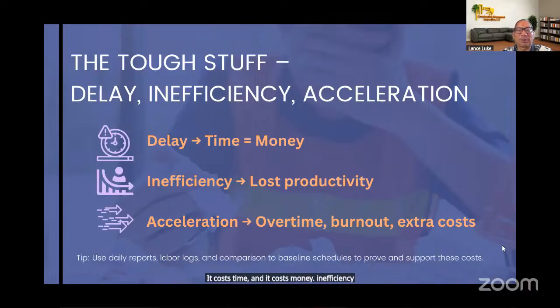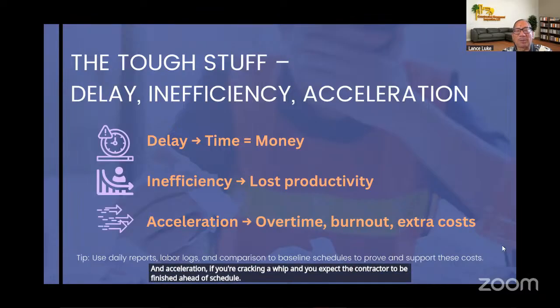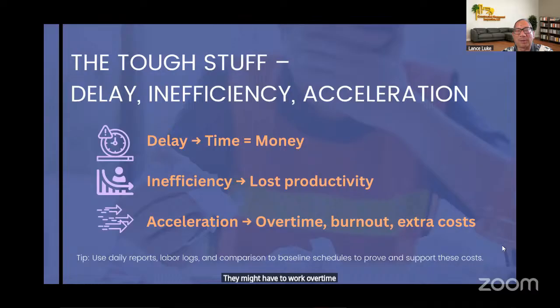Inefficiency means lost productivity. If everybody's on hold because somebody has to go buy a part or building material, that's lost time. And acceleration: if you're cracking the whip and you expect the contractor to finish ahead of schedule, they might have to work overtime, the workers get burnt out, and there might be extra costs.